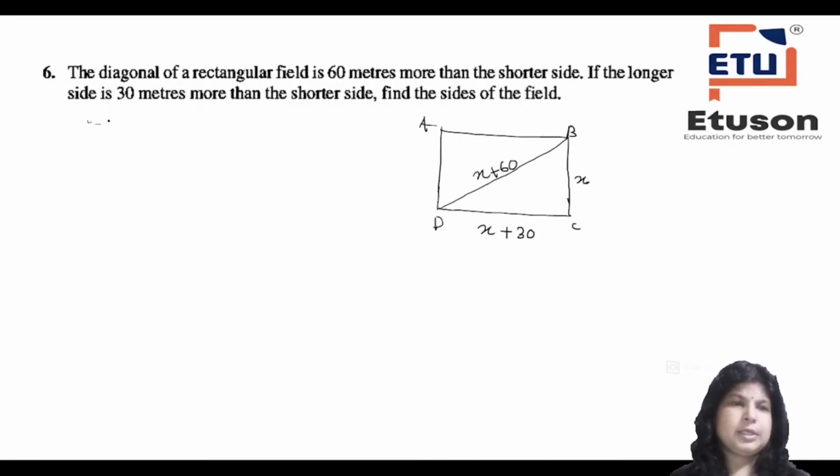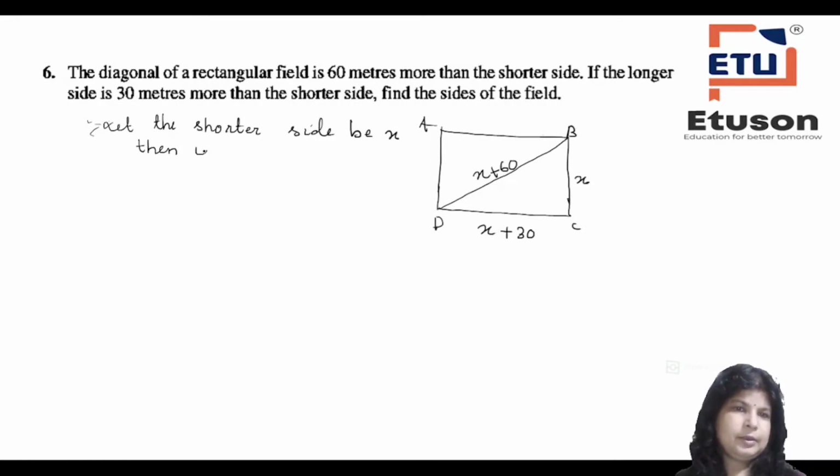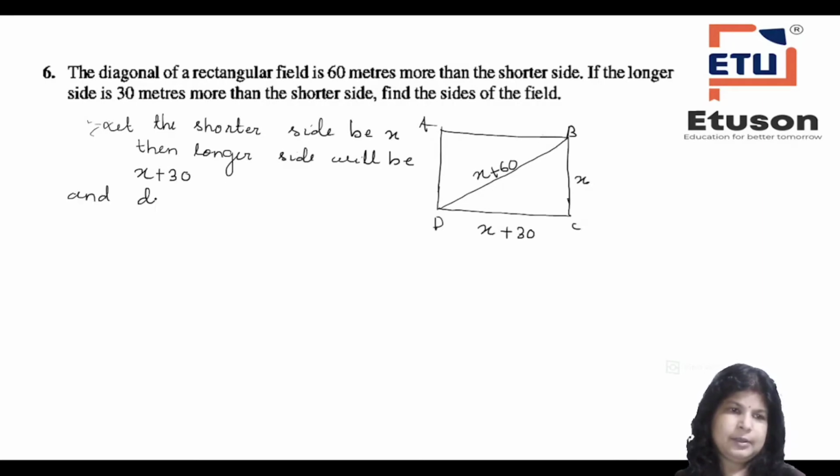So I am just writing out: let the shorter side be x, then the longer side will be x plus 30 and the diagonal will be x plus 60.